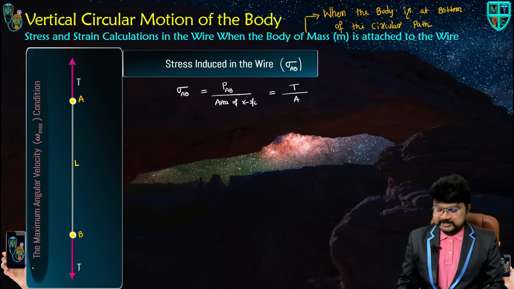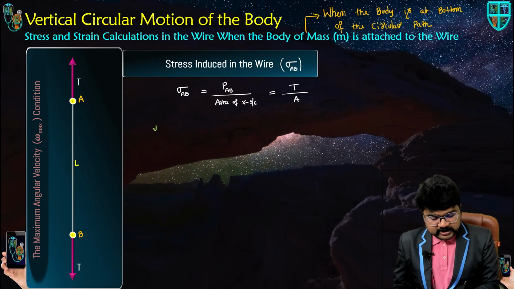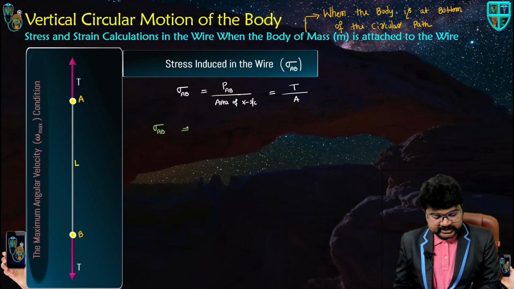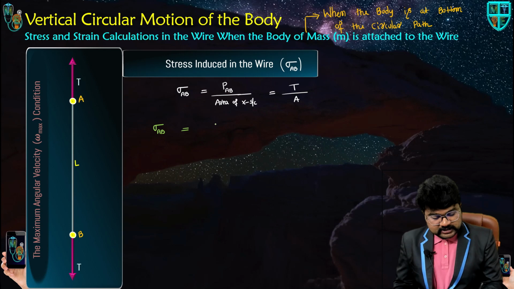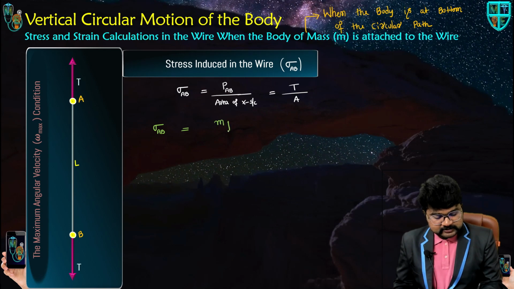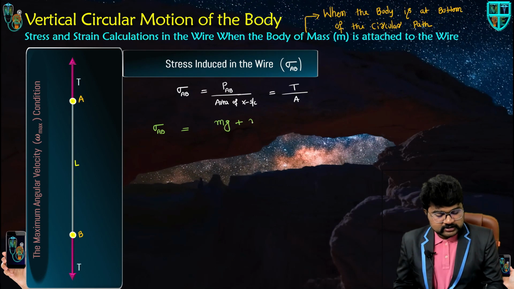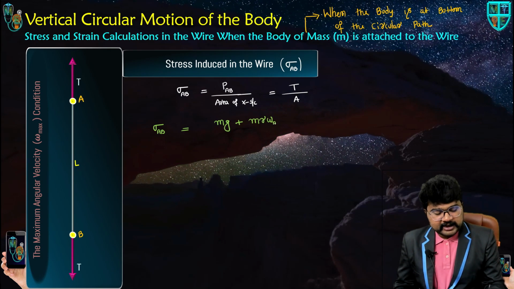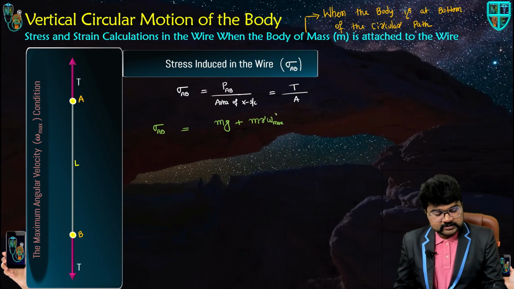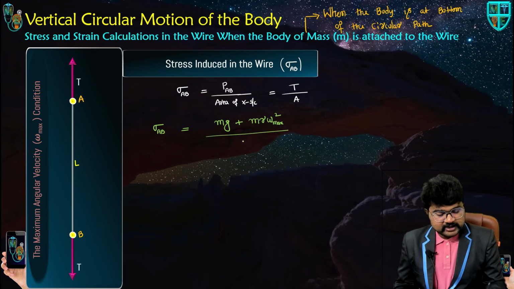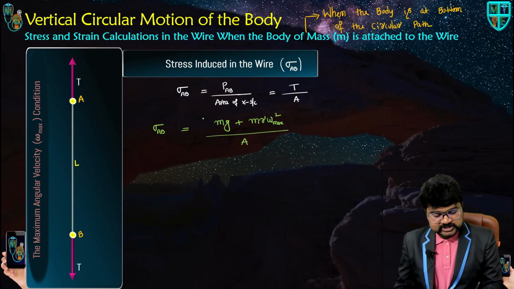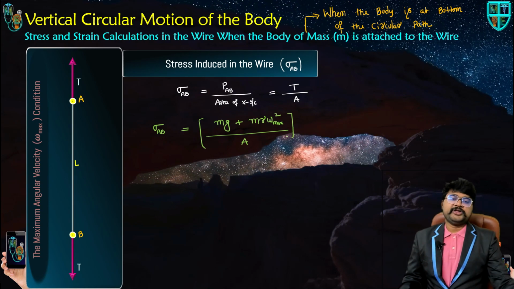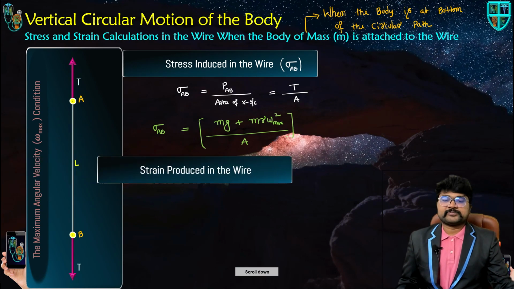Sigma AB equals mg plus m r omega maximum square by area of cross section. This is the stress induced in the wire.